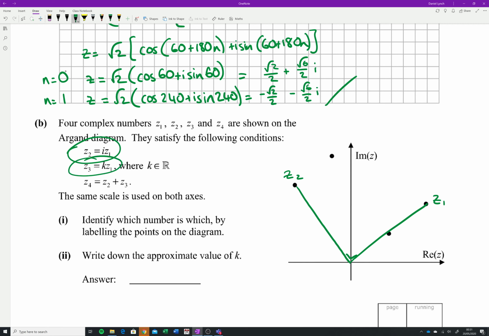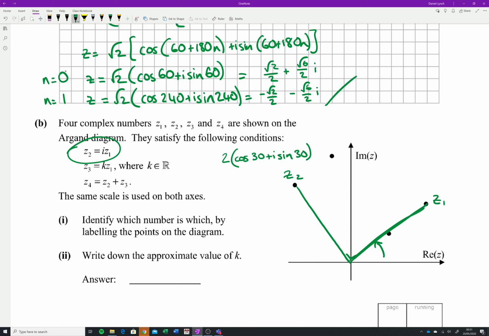What it says is Z3 is K times Z1. Now if you think about it, let's say it was written as 2 cos 30 plus i sine 30, what would that mean? That would mean you move 30 degrees and you go out 2.